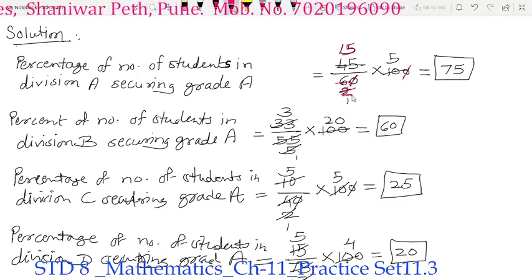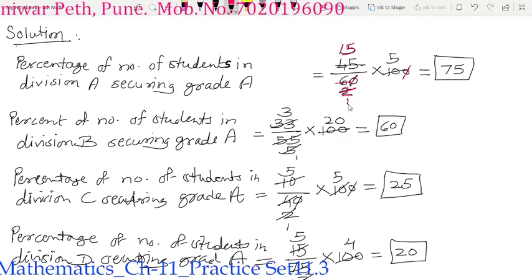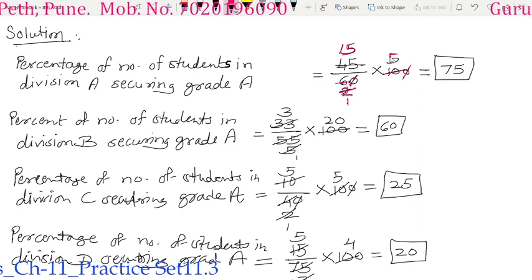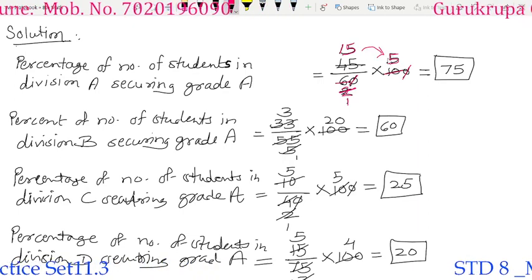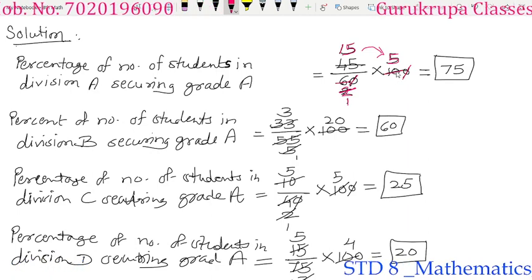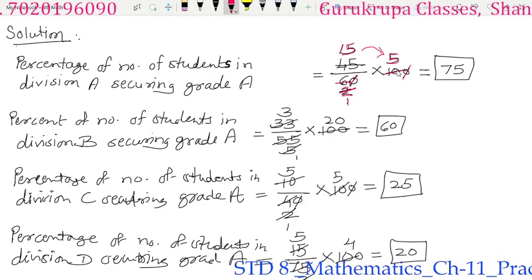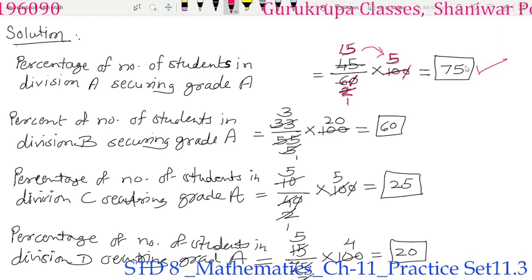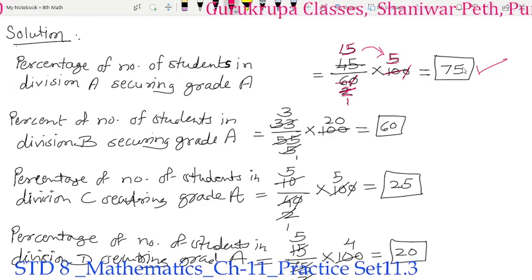So we get 15 over here. Now 2 and 10: 2 ones are 2, and 10 is cut, and we write 5 because 2 fives are 10. Now for calculation we get 15 into 5. 15 ones are 15, 15 twos are 30, 15 threes are 45, 15 fours are 60, and 15 fives are 75. So 75% of students in division A secured A grade.